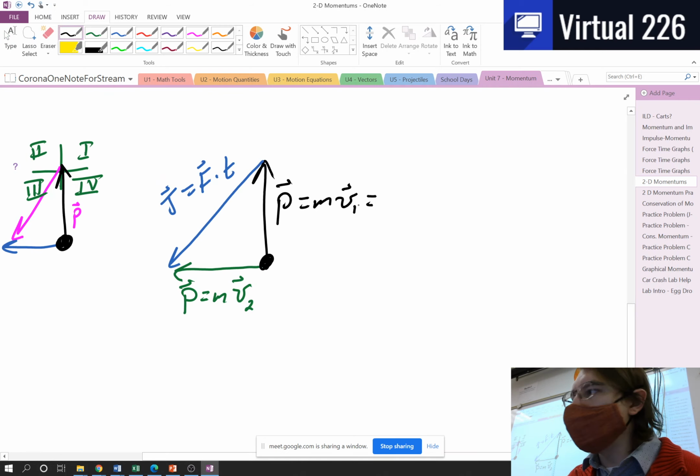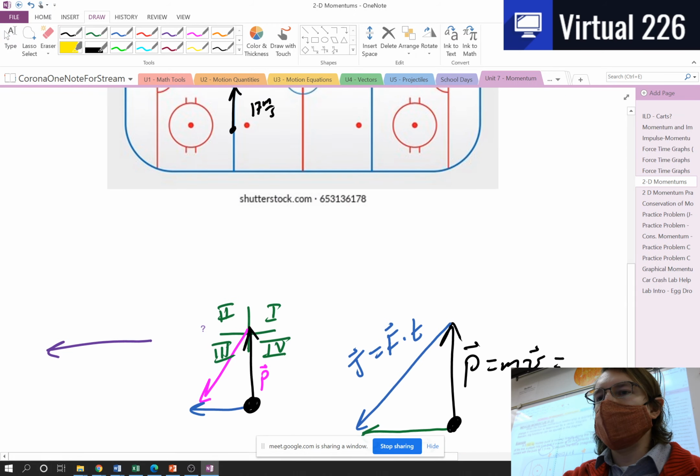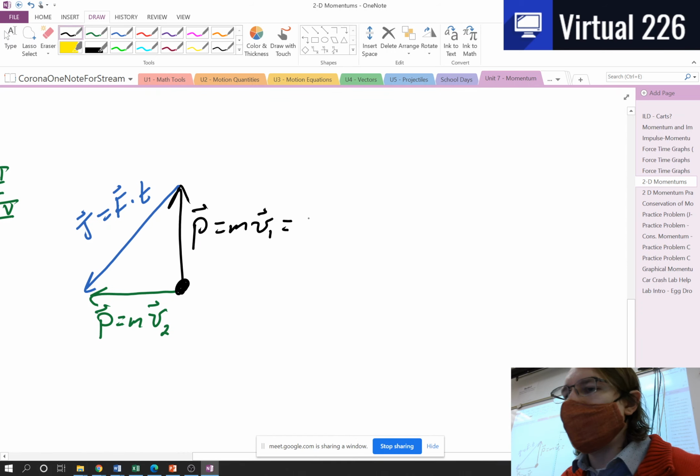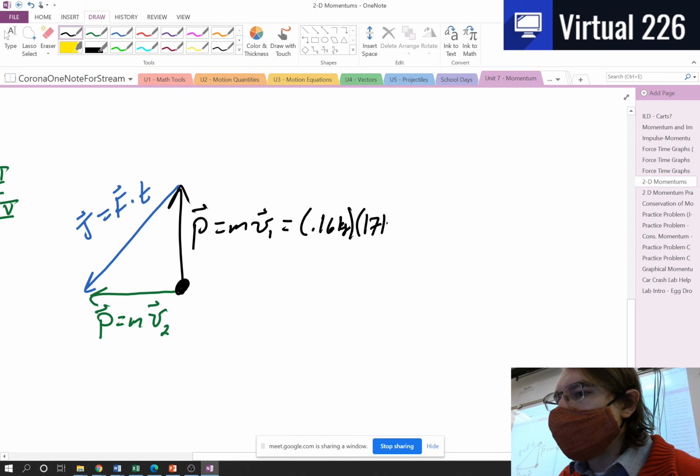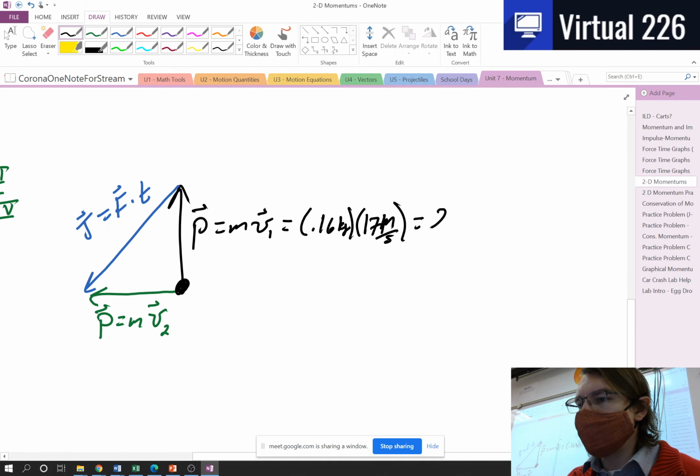We know, in this case, that we have the mass of the hockey puck. It is 0.16, I believe. Yep. So we know the mass of the hockey puck, it's 0.16 kilograms. And we know the initial velocity, 17 meters per second. This gives us an initial momentum moving along the blue line. 0.16 times 17, 2.72 Newton seconds.